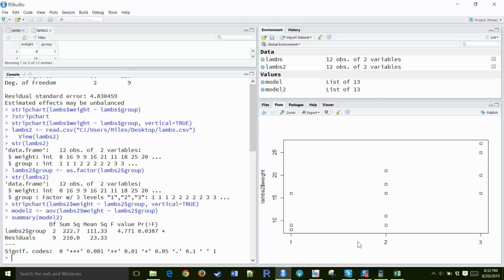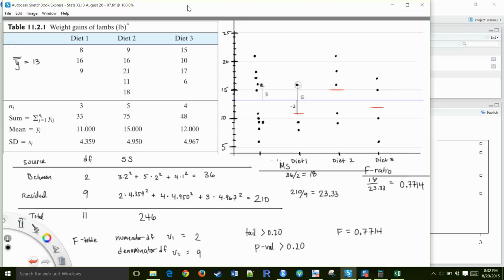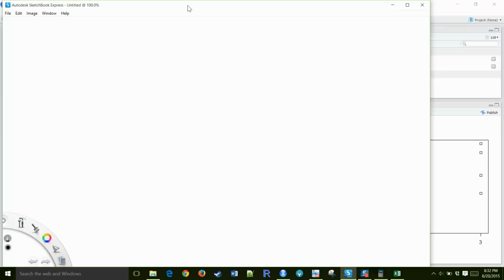One-way ANOVA has the hypotheses: null, all groups have the same mean, and the alternative, at least one group is different.